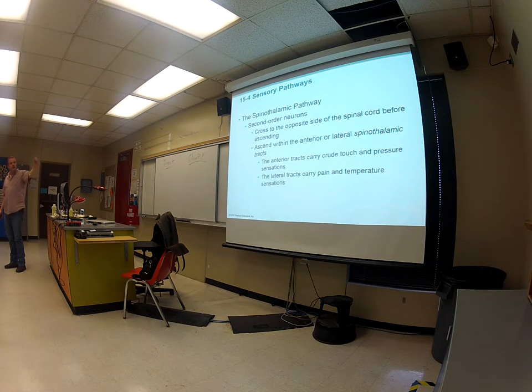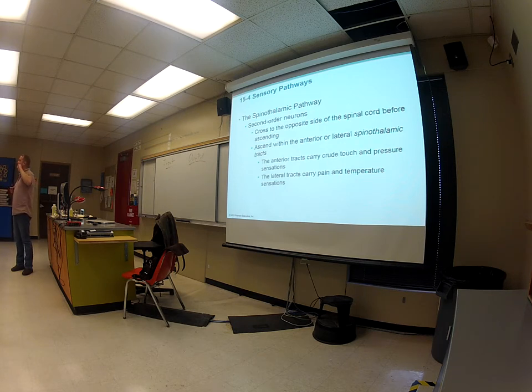Second order neuron crosses to the opposite side of the spinal cord before ascending. There's our key word, ascending. That means we're going up. Ascending is sensory. And then within the anterior or lateral spinothalamic tracts.